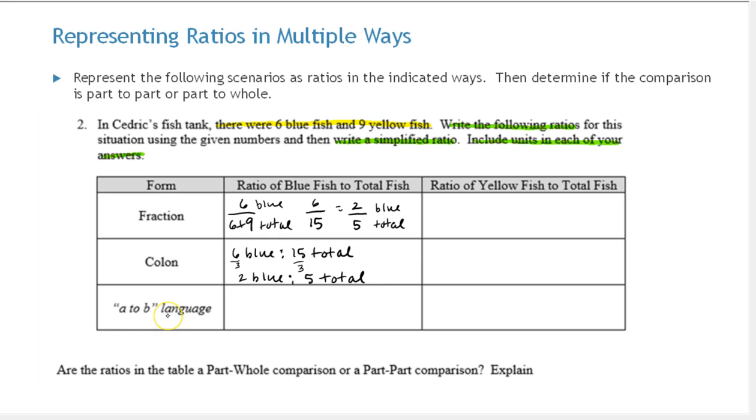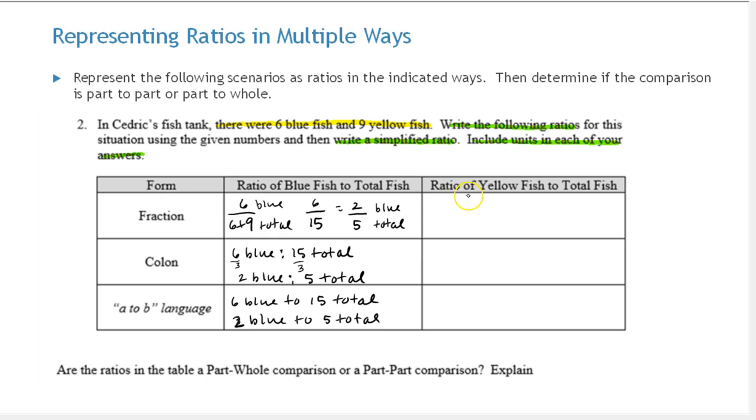And finally, in A to B language, that would be 6 blue to 15 total fish, or, oops, divided wrong, 2 blue to 5 total fish. And again, in this language, we'd usually just write 2 to 5, but again, I want you to include these units for your reference for later problems.